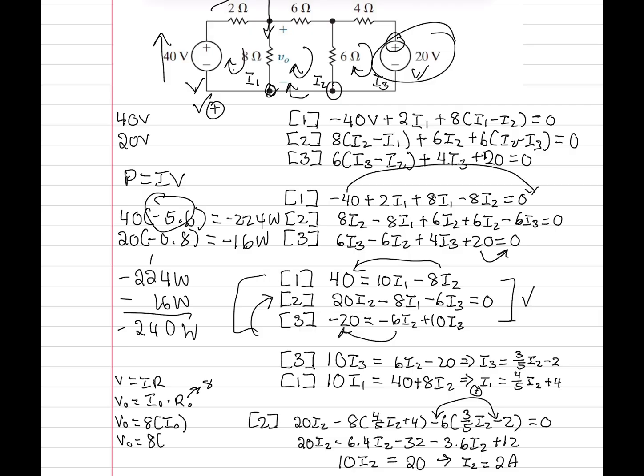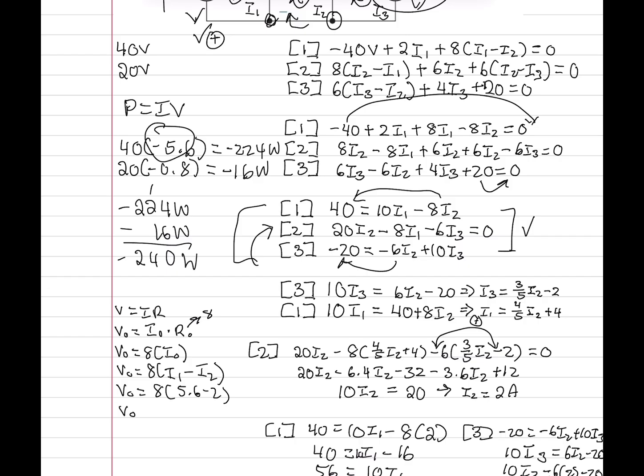Now we can define I naught as I1 minus I2, because I1 is positive, I2 is negative. So I naught equals 5.6 minus 2, which is 3.6. And then V naught equals 8 times 3.6, so V naught equals 28.8.